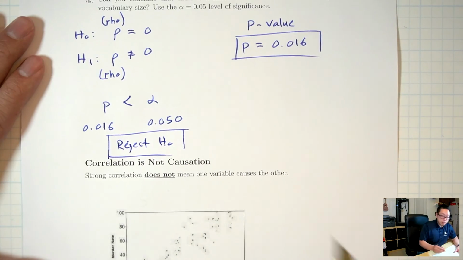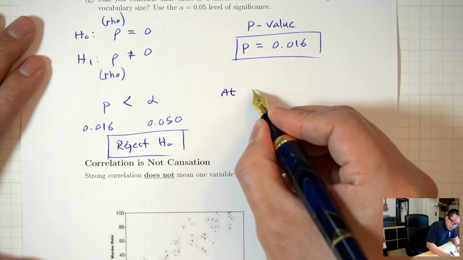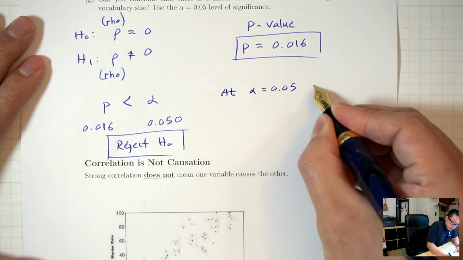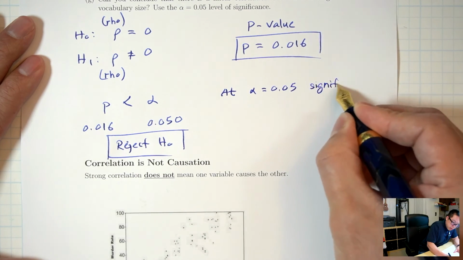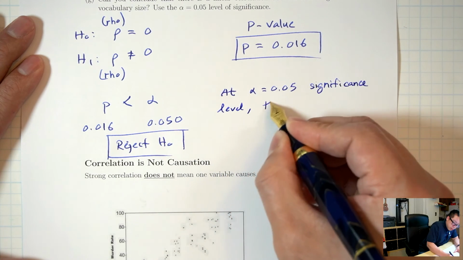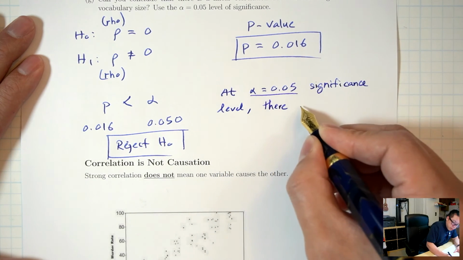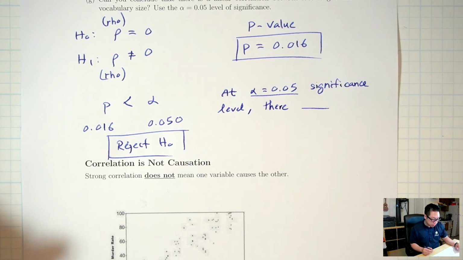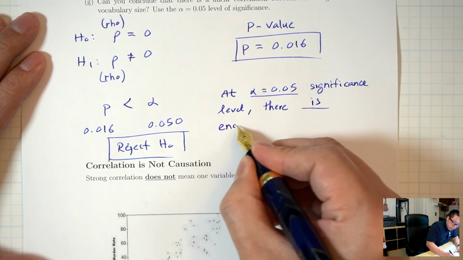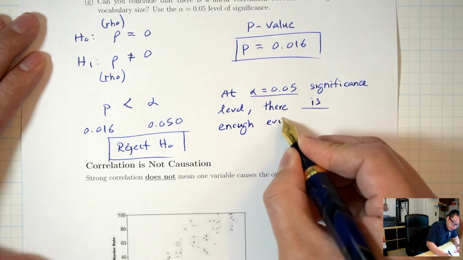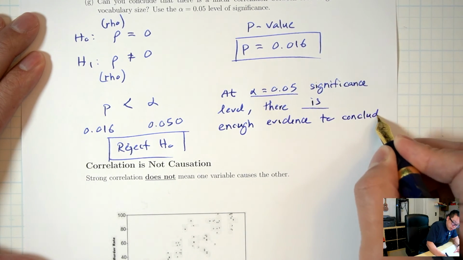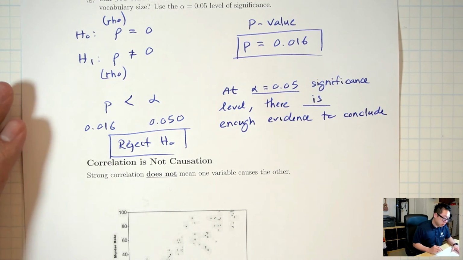And then finally, our sentence. State your significance level at alpha equals 0.05. There is or is not enough evidence because we did reject. There is enough evidence to conclude, what?